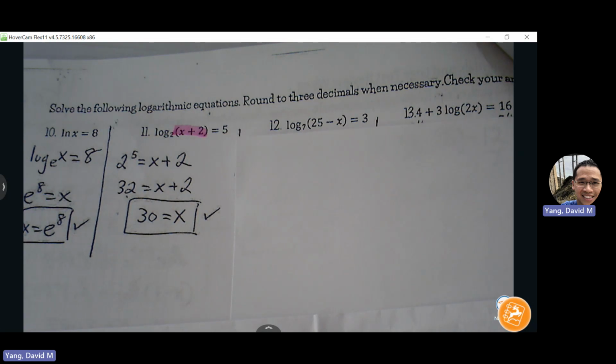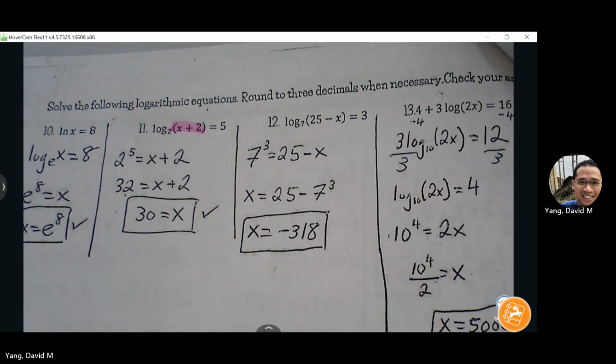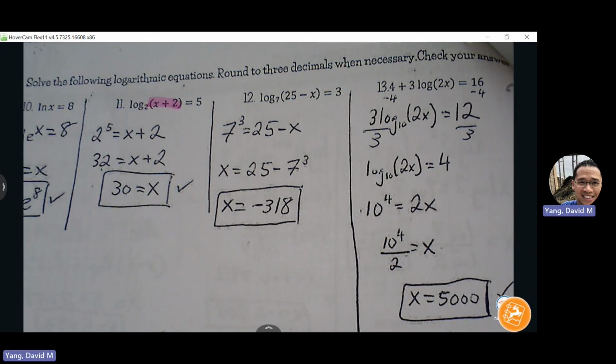So let's combine some like terms first. The hidden base is base 10.